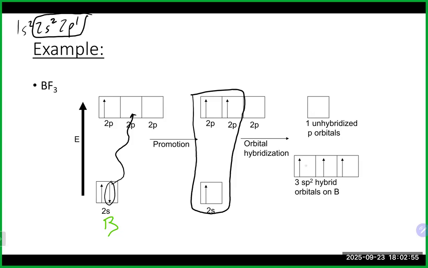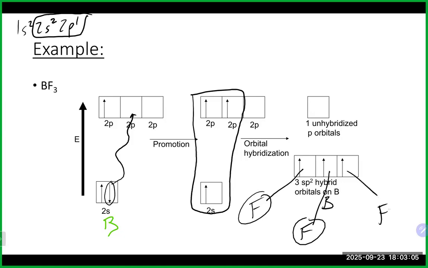That's good because now each of these hybrid orbitals on boron has the electron to make a bond with each of the fluorines that are there, right? And can make its sigma bonds, as we'll talk about in just a second, with each of those hybrid orbitals. Any questions on that there?